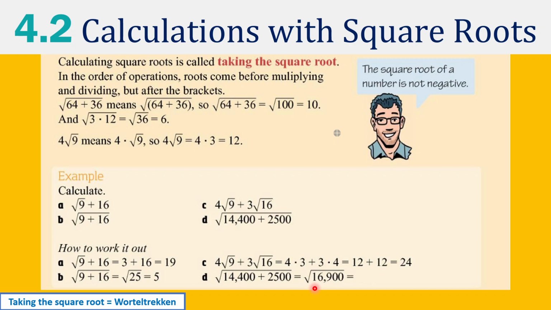Because I know that, for example, 10 squared is 100, 11 squared is 121, 12 squared is 144, 13 squared is 169. So 13 times 13 is 169. But I have 2 zeros extra. Well, don't you worry. That means the answer is 130. 130 times 130 gives me 16,900. Okay, so know your squares up to and including 15, please. And then sometimes you can use it on bigger numbers like this as well.